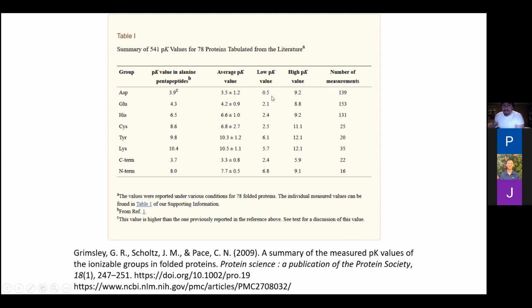For all of these, neutral pH is within the range, so depending on the environment, they can be favored to be in the charged or uncharged state. So there's a very large range.